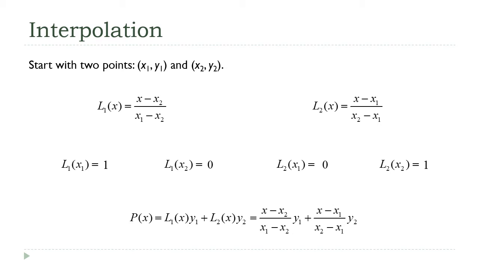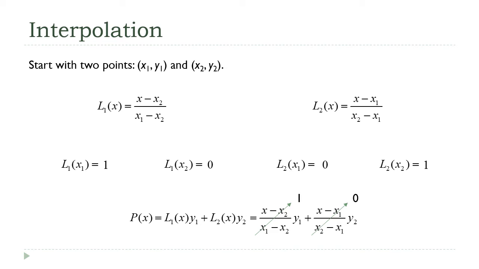If we evaluate p of x at x1, this term goes away, as you saw up there in your calculations. L2 of x1 is 0. All that's left is the left-hand term, but that part evaluates to 1. So all we're left with is 1 times y1 plus 0 times y2, which is y1, and that's what we wanted. p of x1 is equal to y1.